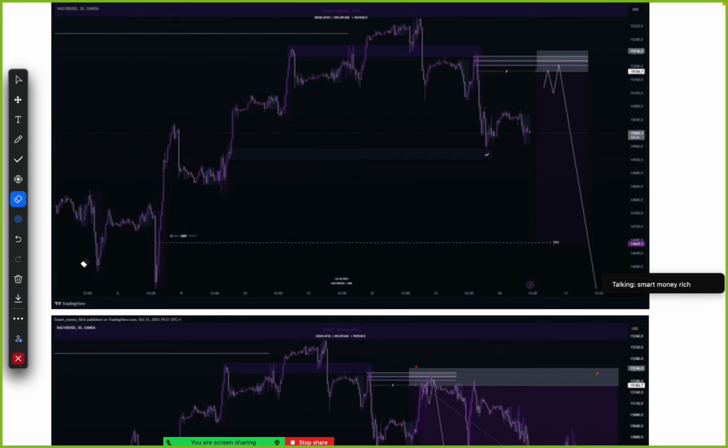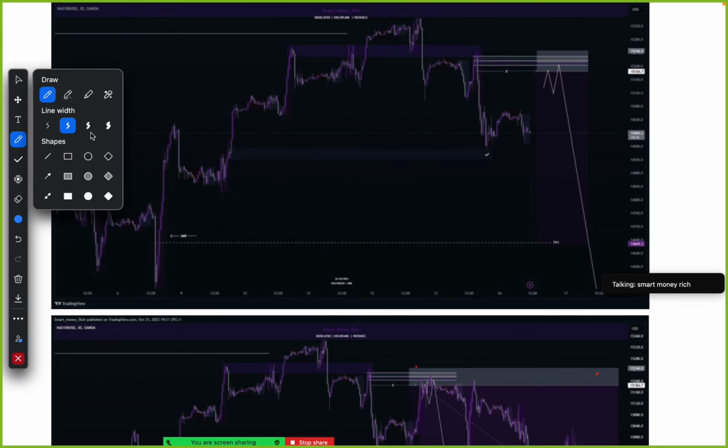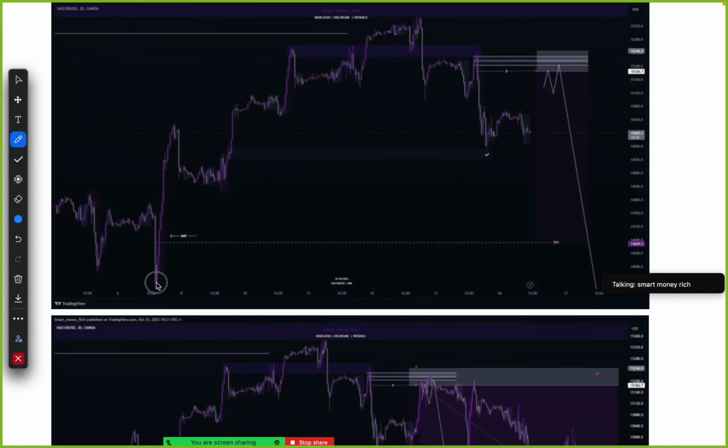Now, imbalances are caused by impulsive movements. You're getting it, my guys? Now, if you look at this impulsive move to the upside, it created what? Open imbalance. Are you guys there? Yes. And then this impulsive move to the upside also broke structure just like this one, and it also created open imbalance, right?